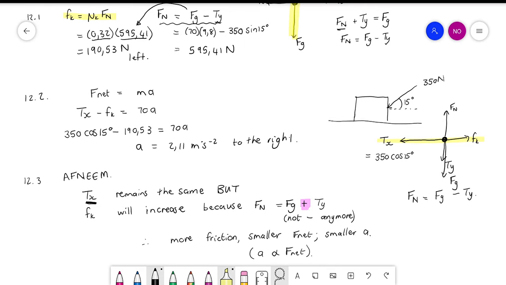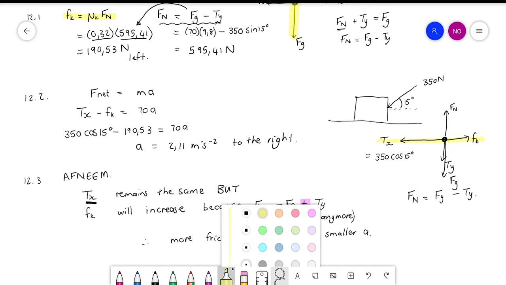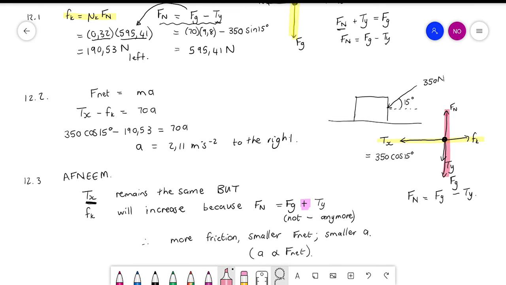But in this case, because the y component was pointing upwards, but in this case we now have that the normal force, onthou ons kyk nou op hierdie as, is nou die som van Fg bly dieselfde, maar nou tel ons Ty by. So it's not a negative anymore, it becomes a positive. So in other words, the normal force will definitely increase in magnitude.